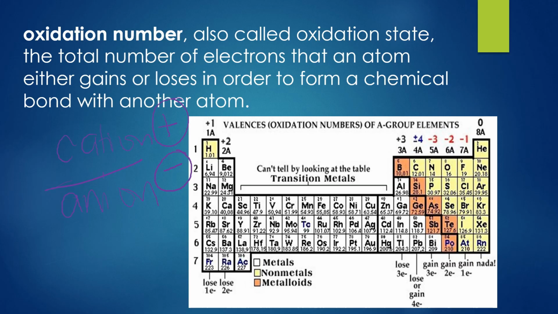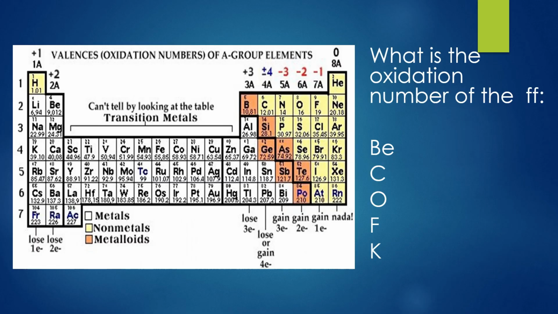Itong nasa taas: positive 1, positive 2, positive 3, negative 4, negative 3, negative 2, negative 1. When we say negative, ito yung mga nagga-gain ng electrons. At ito naman yung mga positive, sila yung mga naglo-lose ng electrons. Sabi nga natin sa rules in bonding of ionic, laging si metal ang nag-lo-lose ng electrons, or nagbibigay ng electrons.